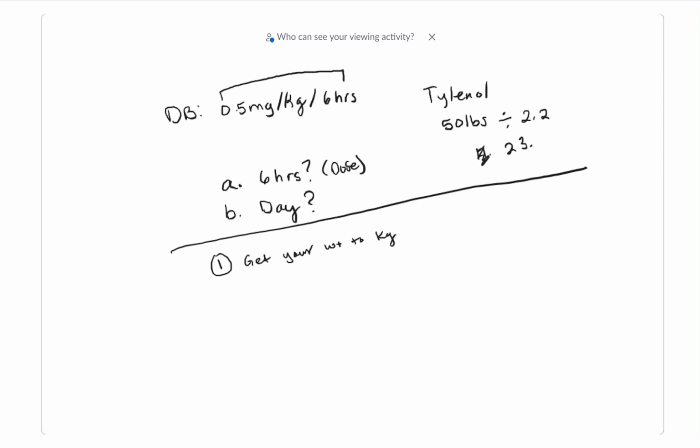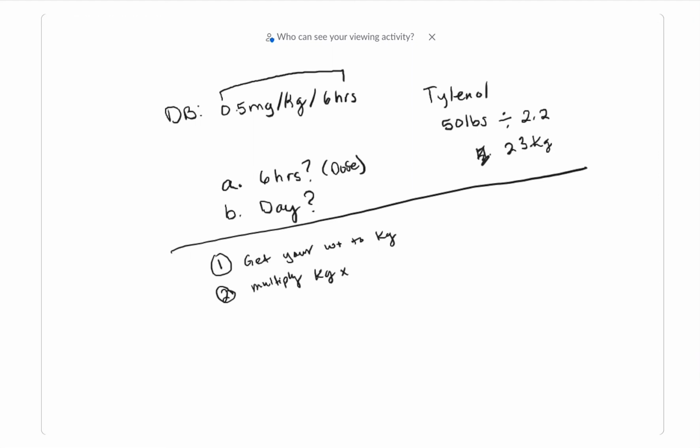Okay. We'll round to the whole number, 23. That's 23 kilograms.